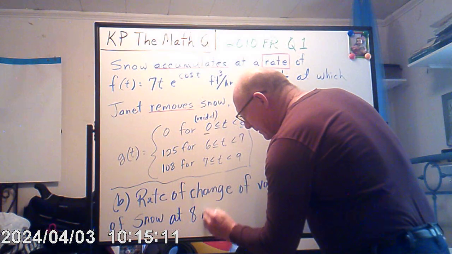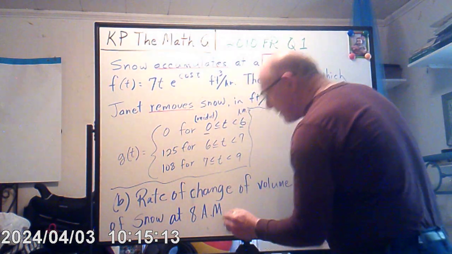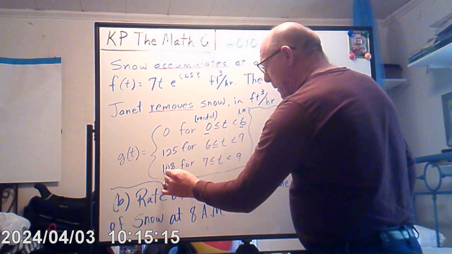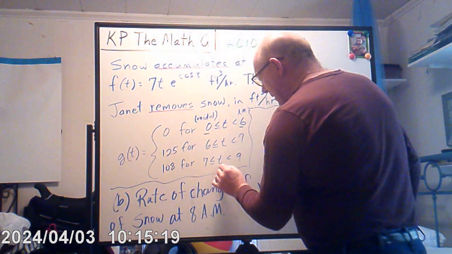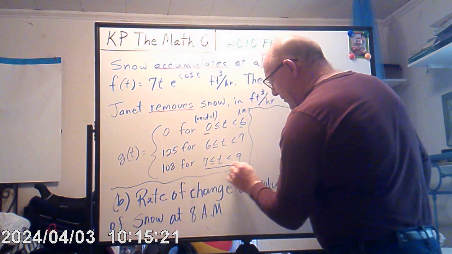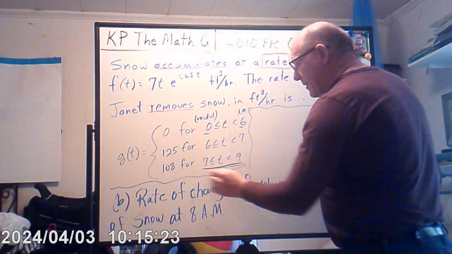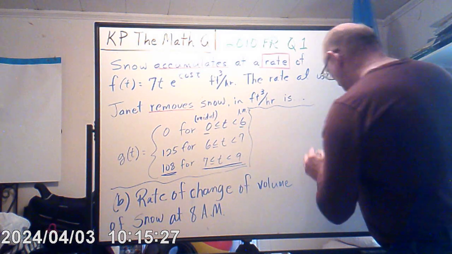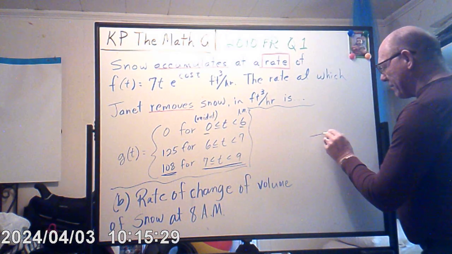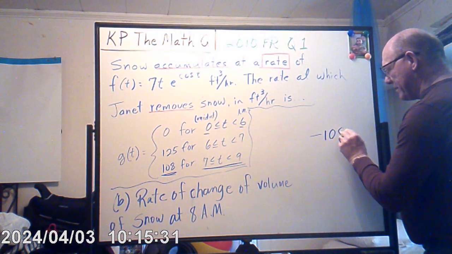Alright, so we have to look at the piecewise function. Now remember she's removing snow, so 8 is in this interval here, so we're going to use 108. She is removing snow, so we're going to show that she is removing snow.